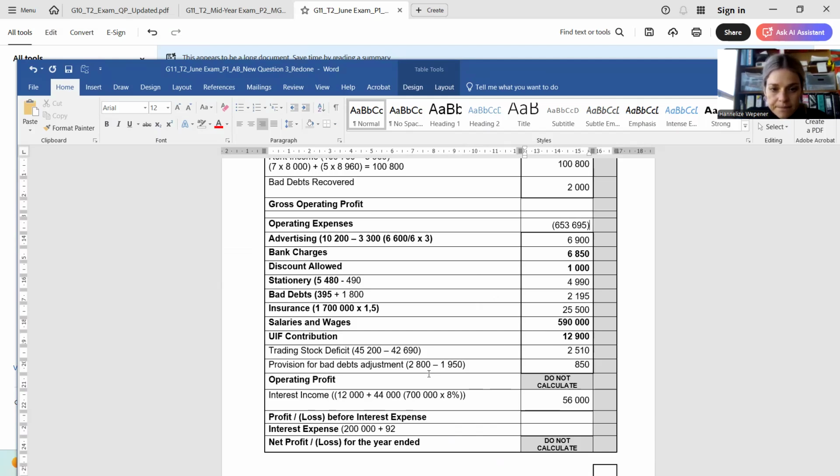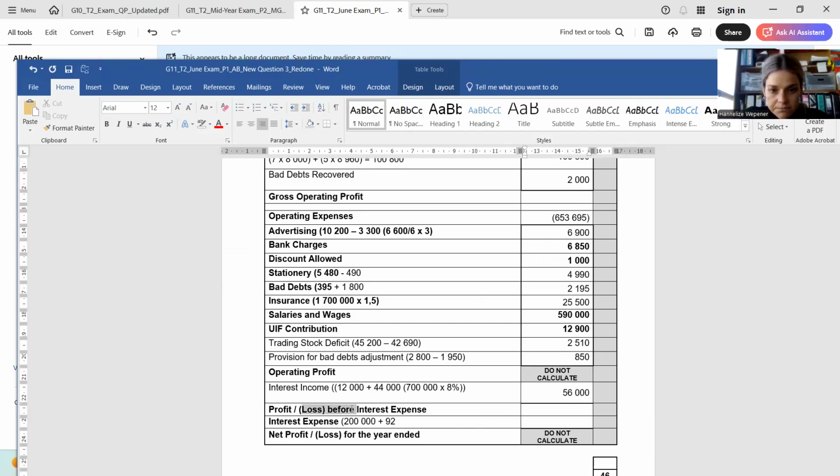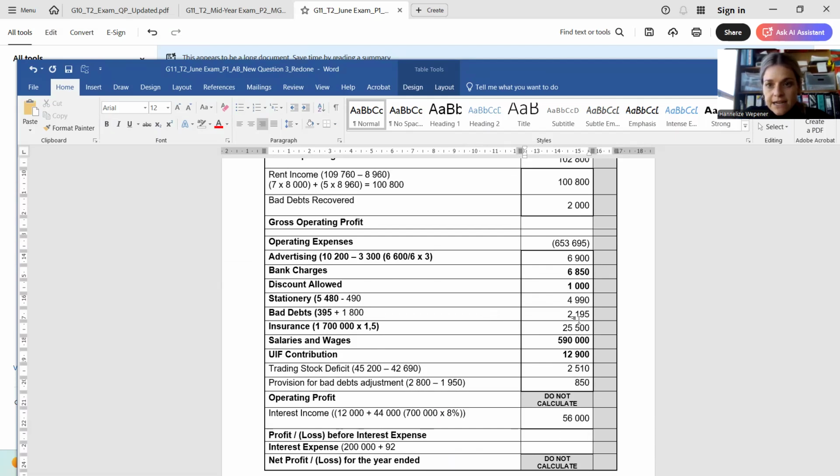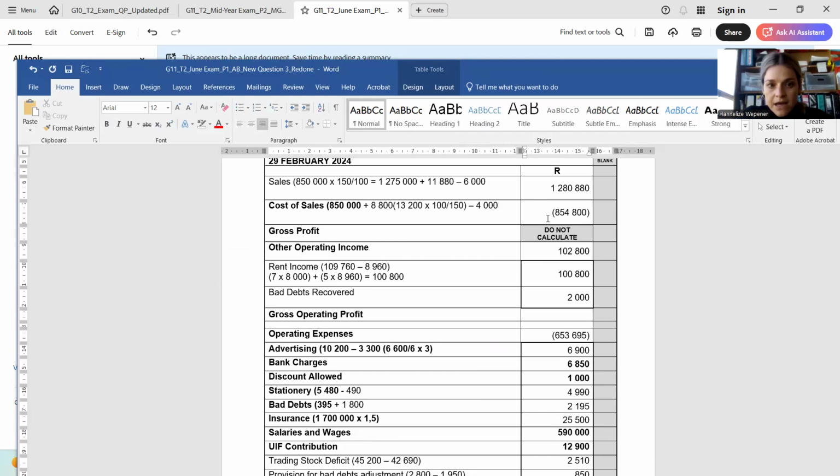Then profit or loss before interest expense. That means that I need to take my gross profit, so my sales minus my cost of sales, add to that my other operating income to get my gross operating income.